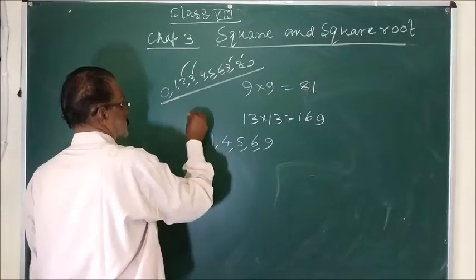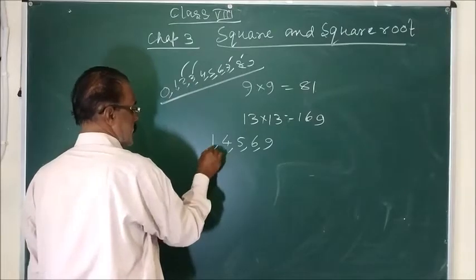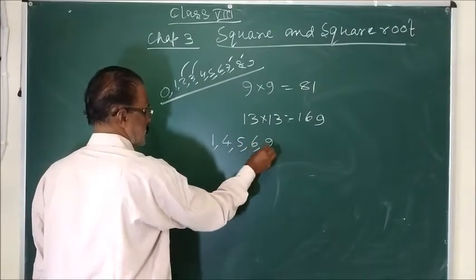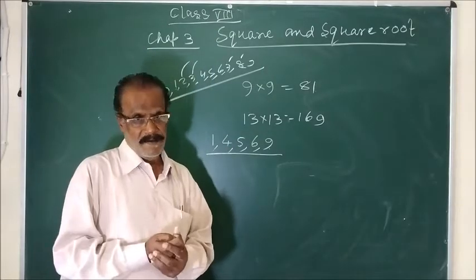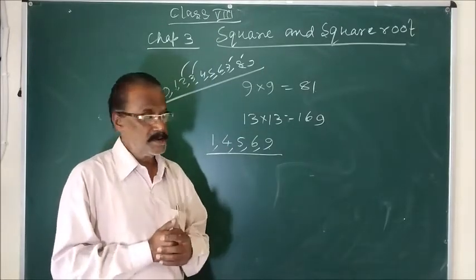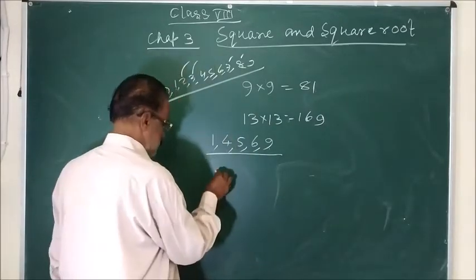And for other numbers, the numbers which end with the digit 1 or 4 or 5 or 6 or 9, these numbers may be perfect squares. You cannot say surely.